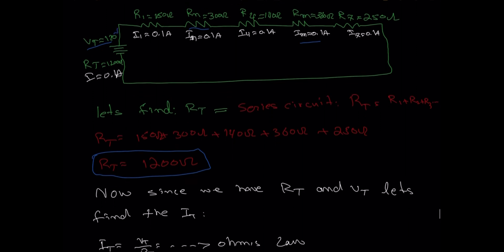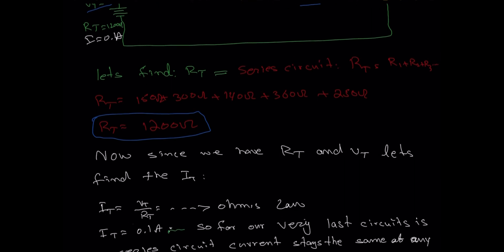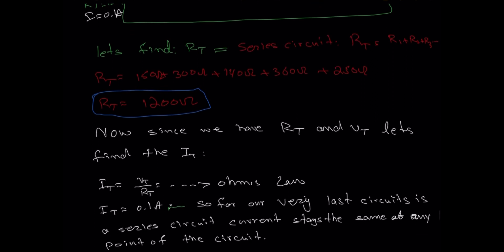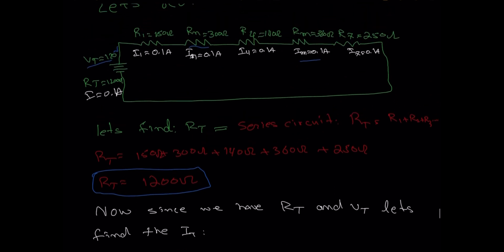We got two values. We can find the current from Ohm's law. It says IT is equal to VT over RT. So 120 divided by 1200 will give me 0.1 amp. Right here, 0.1 amp. And notice one thing.